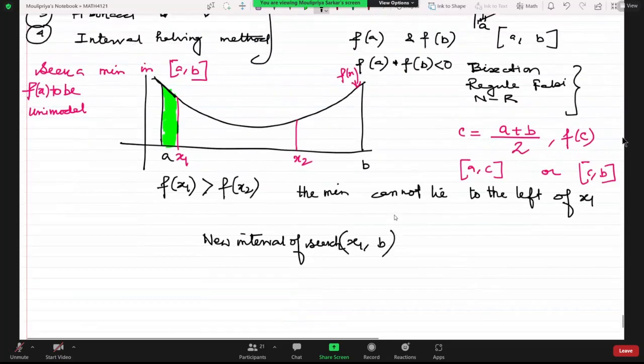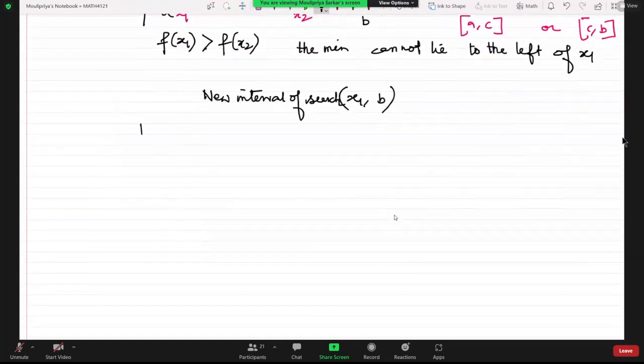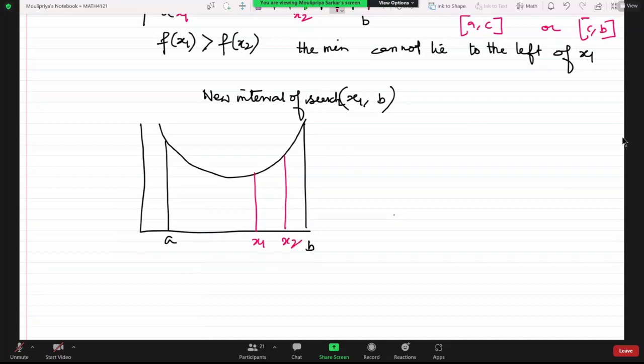Next, what can happen is, this is my A, this is B. Suppose this is x1 and this is x2. That implies f of x1 is less than f of x2.